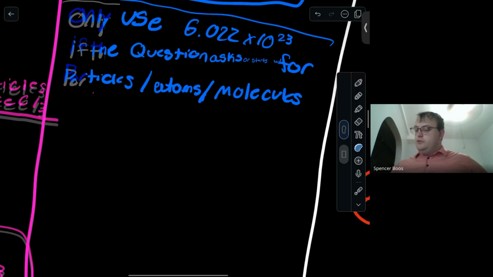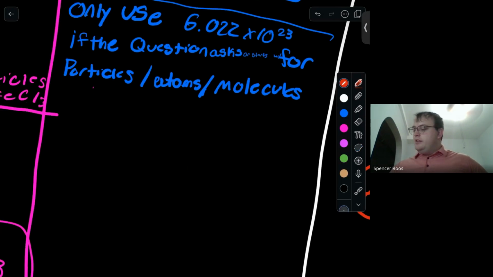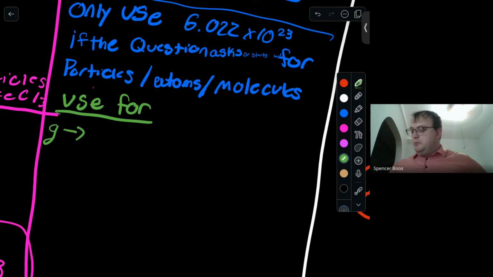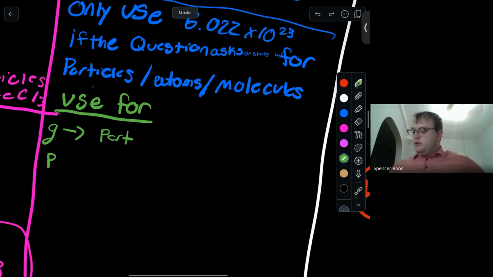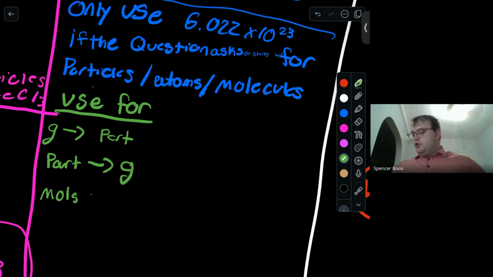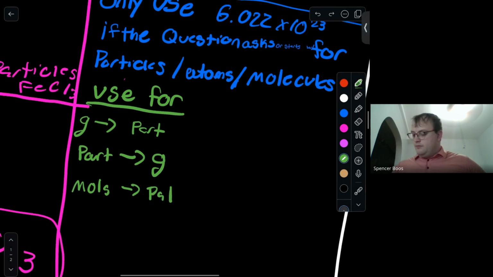molecules. So, right, this you would use for, right, if you're going from grams to particles, to grams, moles to particles, and vice versa.